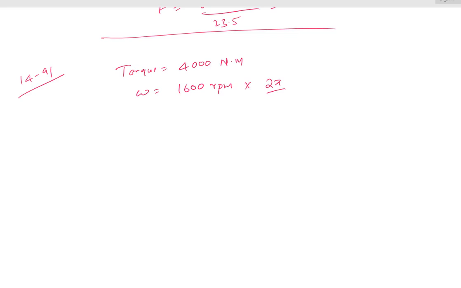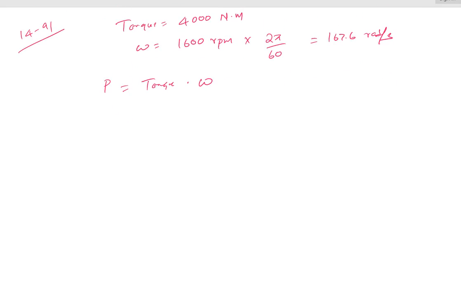So 2 pi over 60 times 1600 gives us about 167.6 radians per second. So simple. Power is equal to torque times omega. So torque is 4000 times 167.6.